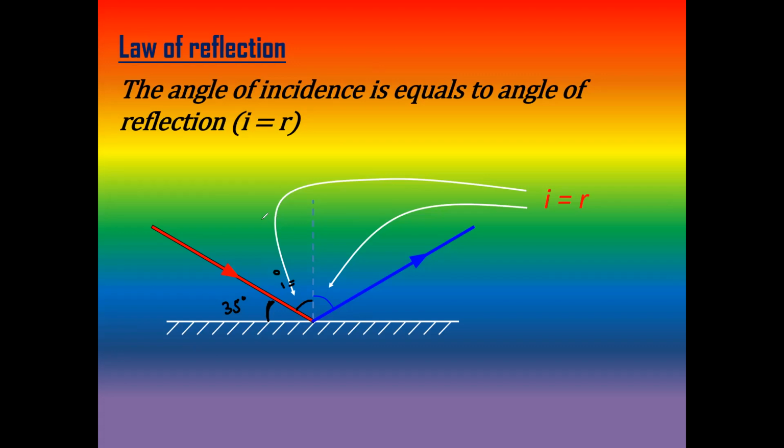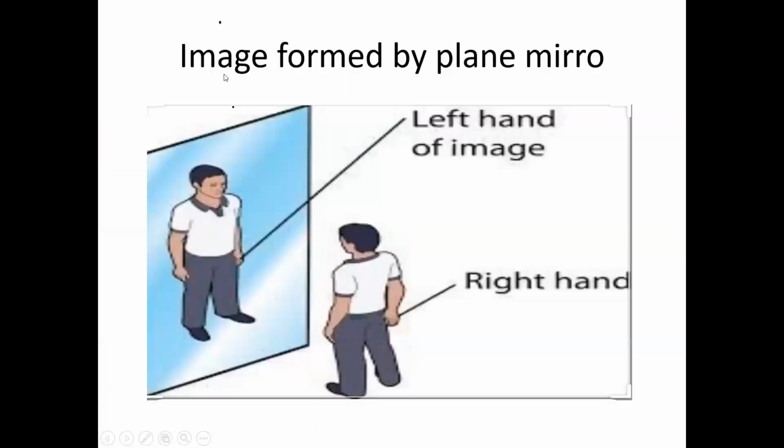So it will be 90 minus 35, which is 55. So if the angle of incidence is 55, what will be the angle of reflection? The angle of reflection will be 55 as well. So always the angle of incidence will be equal to the angle of reflection. This is known as the law of reflection.